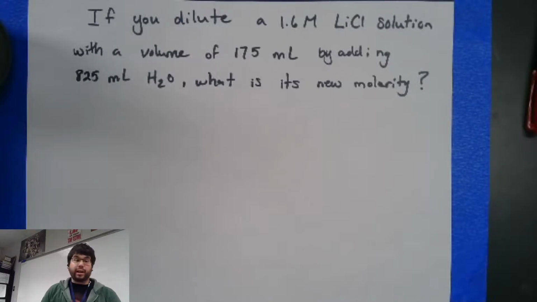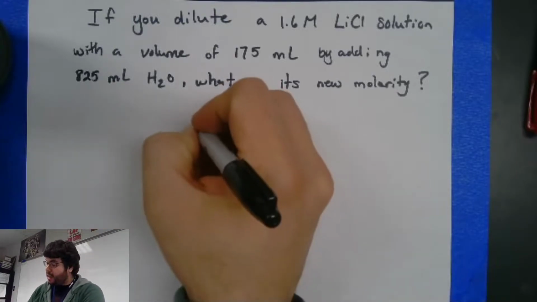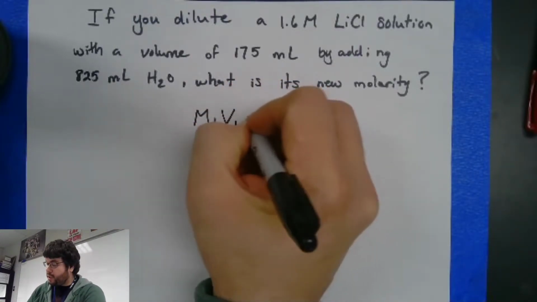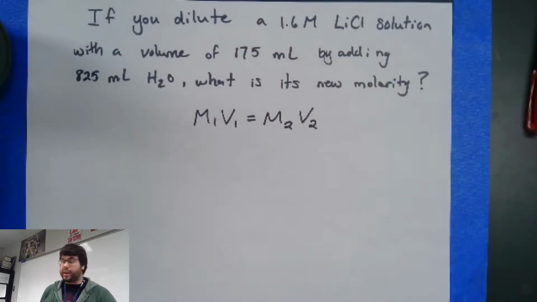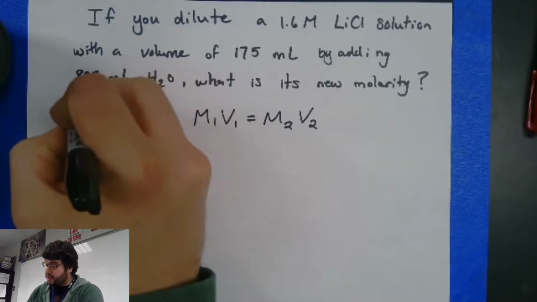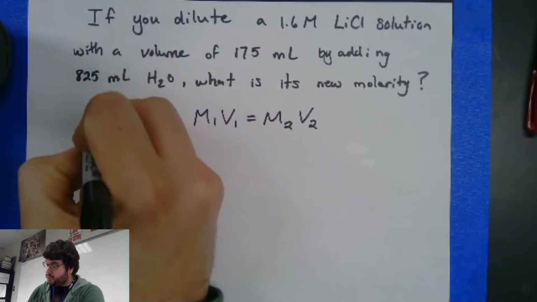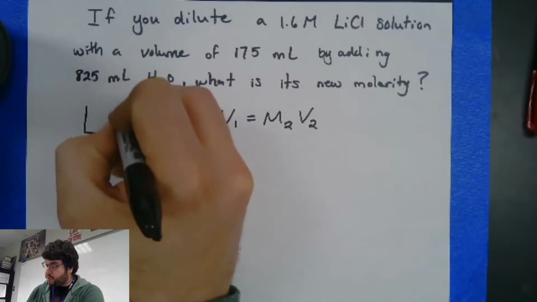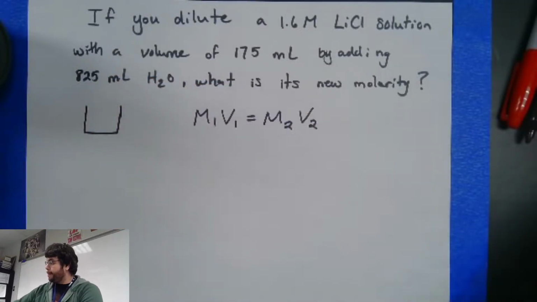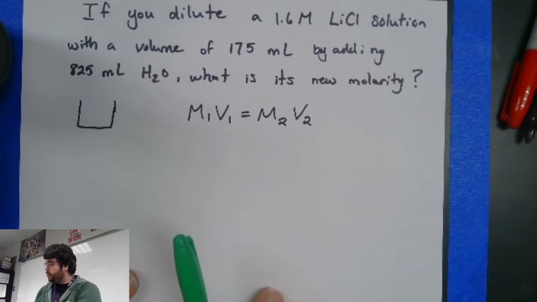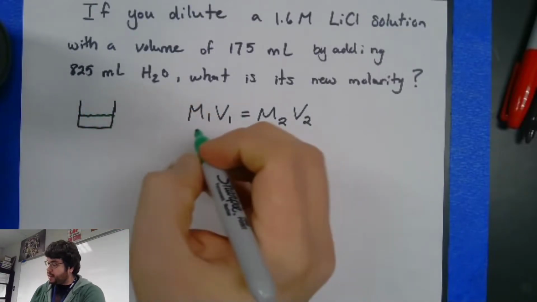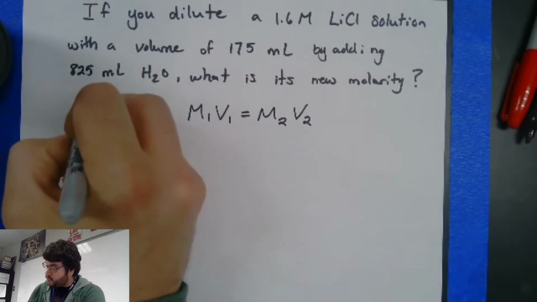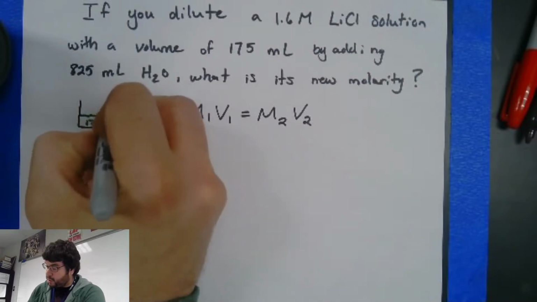Okay, so again, we're going to use that M1 times V1 equals M2 times V2 equation. And in this problem, they're saying, okay, I've got some kind of solution. I'm going to draw a picture. 175 mils.